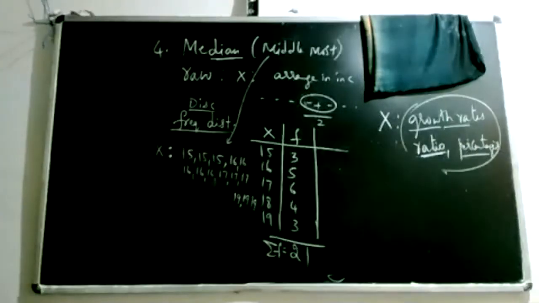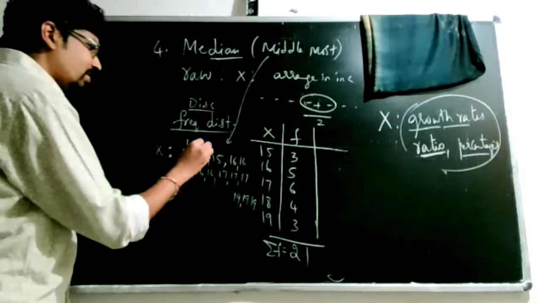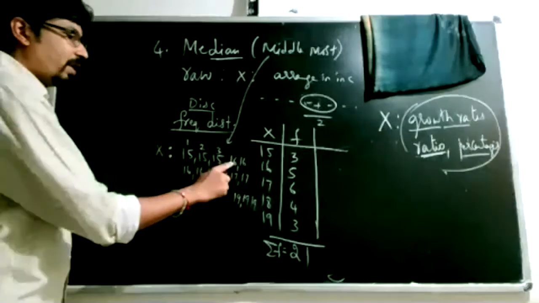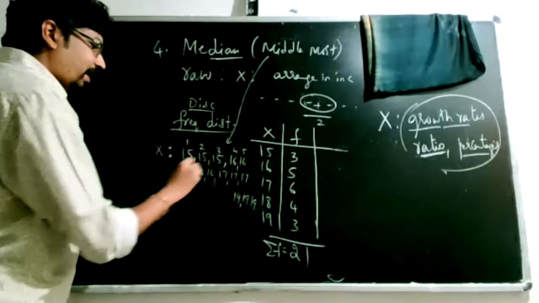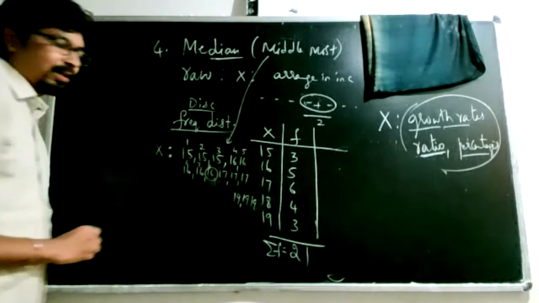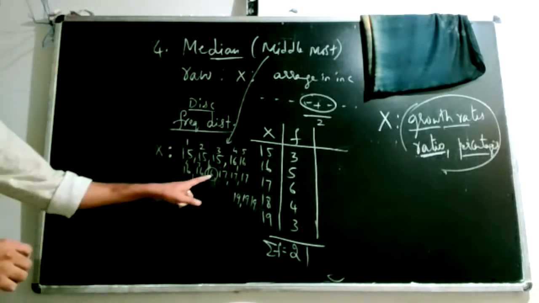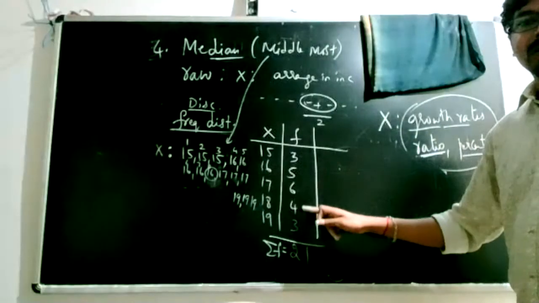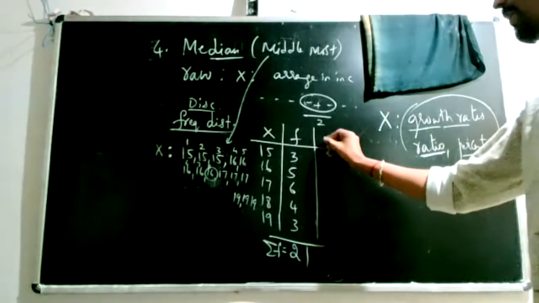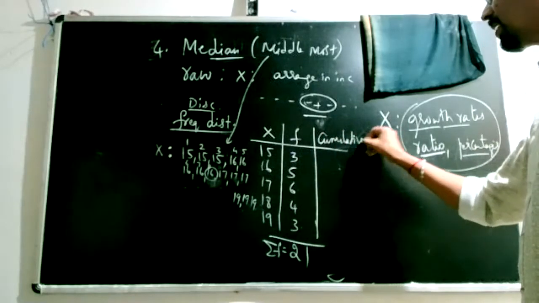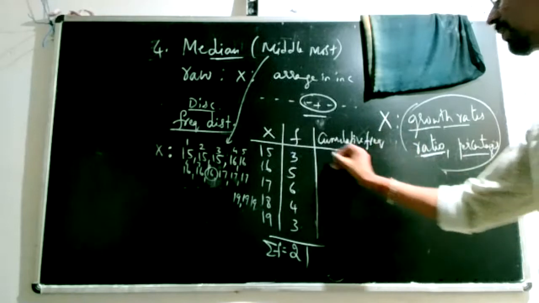And now if you look into the position, from position 1 to 3, I have observation 15. Now from 4th, 5, 6, 7, 8. So 4 to 8, I have the value of x equal to 16. So this position is also monitored by the frequencies. So if you look into the cumulative frequency, cumulative is nothing but the sum of the frequency up to that point.